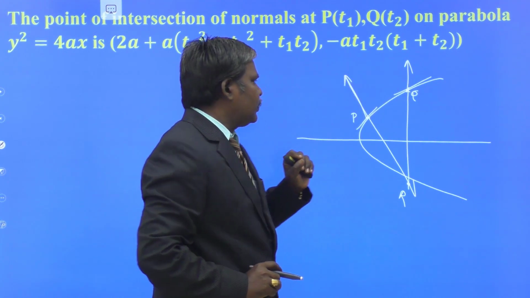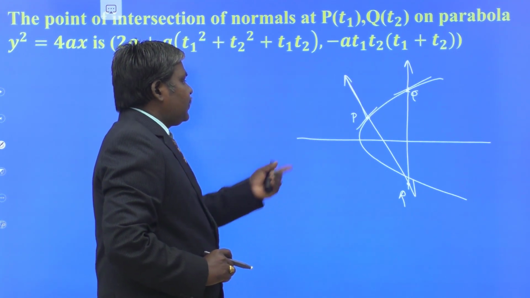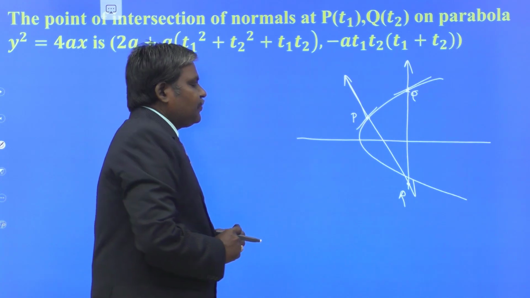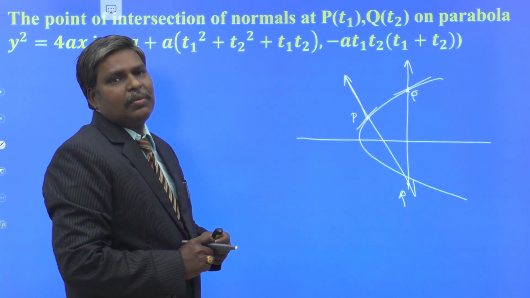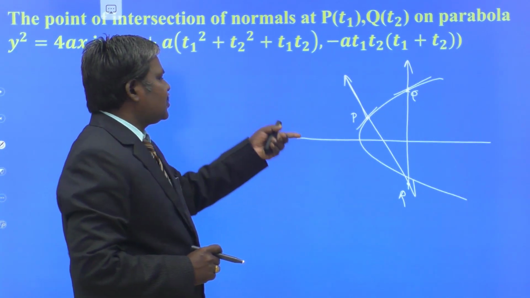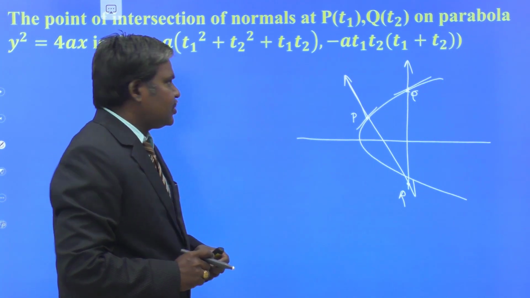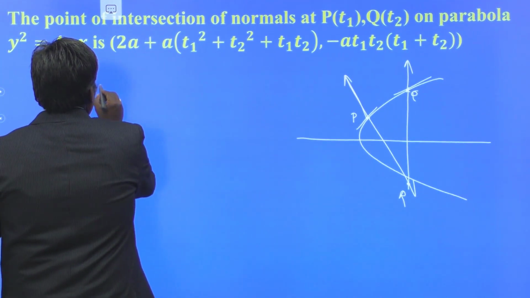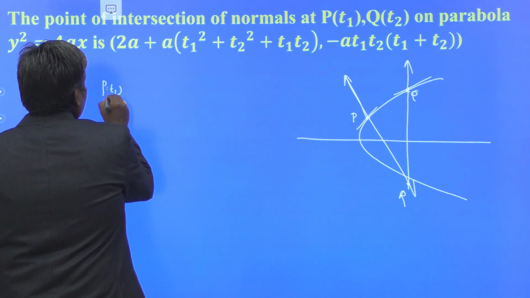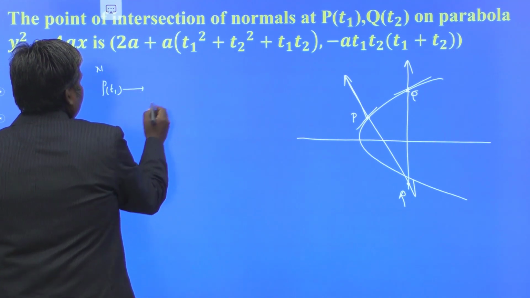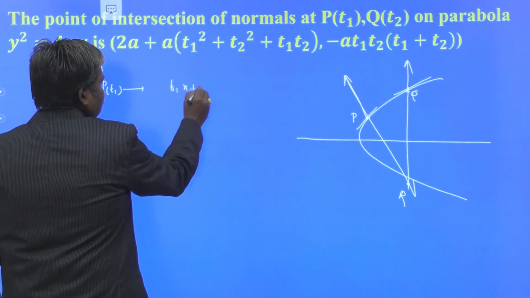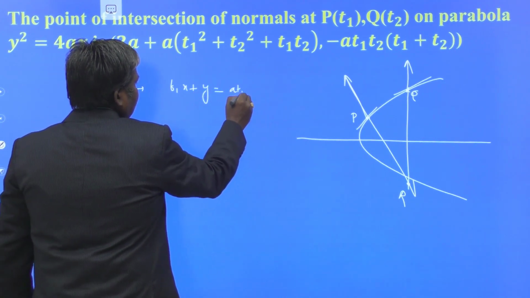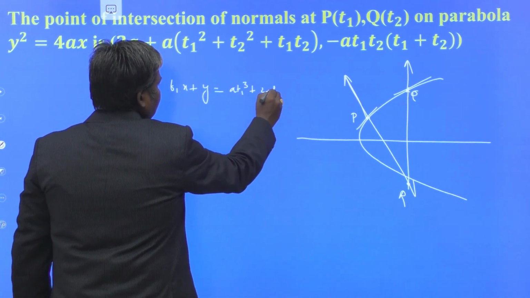You are going to find out the point of intersection of normals at P of T1 and Q of T2 to the parabola. Simply write their equations and solve them. You get their point of intersection. What is the normal at P of T1? Equation of normal at P of T1 is T1x plus y is equal to at1 cube plus 2at1.